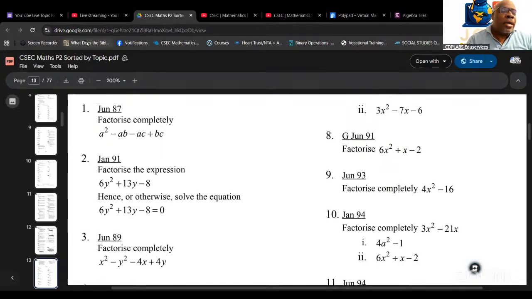Let's use arithmetic methods so you can understand. For example, let's say the number 6. Now the number 6 has several factors.